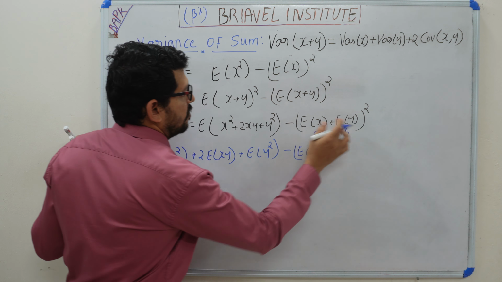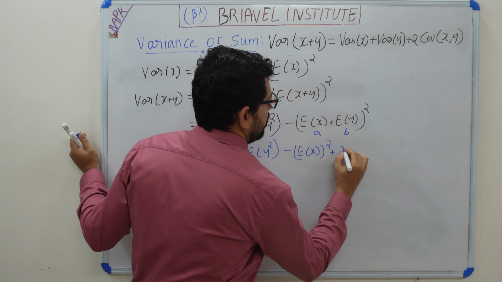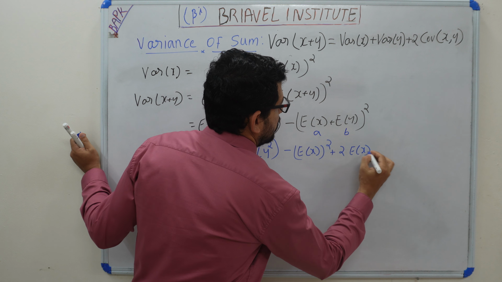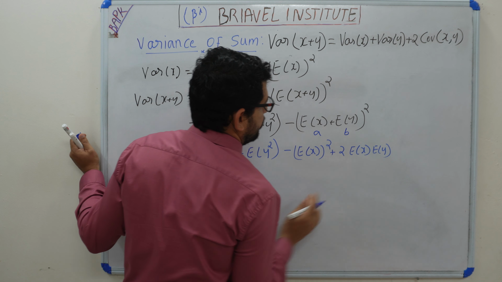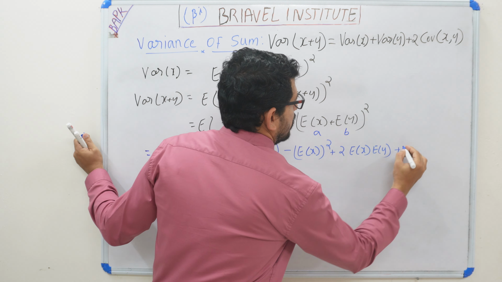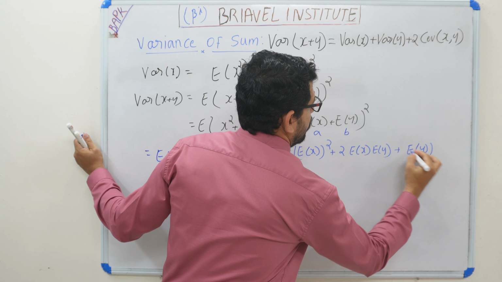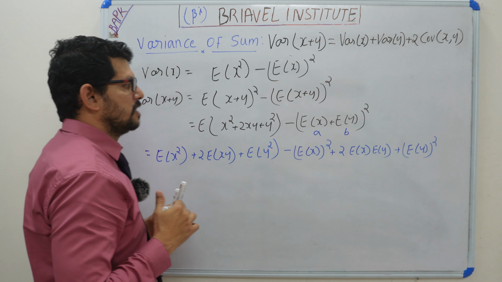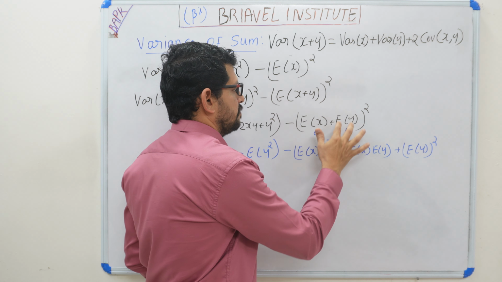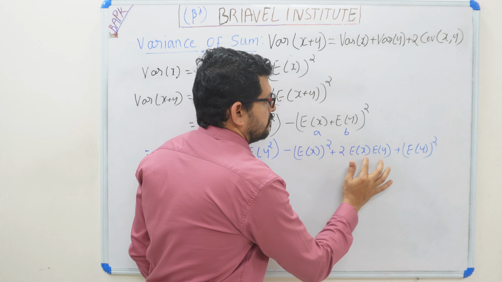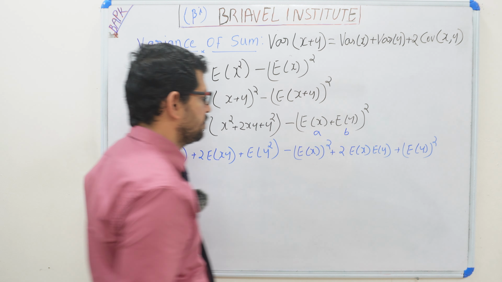This is A plus B whole square, A square plus 2AB, 2 expectation of H, expectation of Y, plus expectation of Y whole square. Same way expectation of H is A, expectation of Y is B.